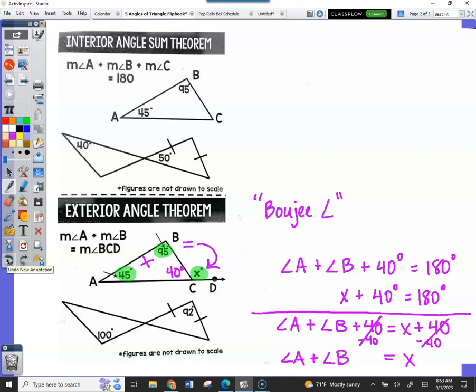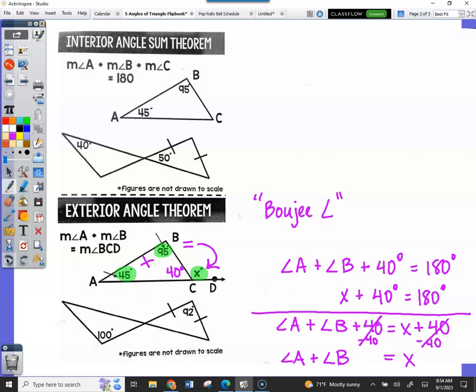Could you still solve the problem without having the bougie angle theorem? Yes, if you can just look at this and say to yourself, well, that's a linear pair. If I just found the 40, then I can find x to be 140. I personally find that easier. If you go that way, that is fine. However, there will be a practice problem or two where you don't have enough info to say that.